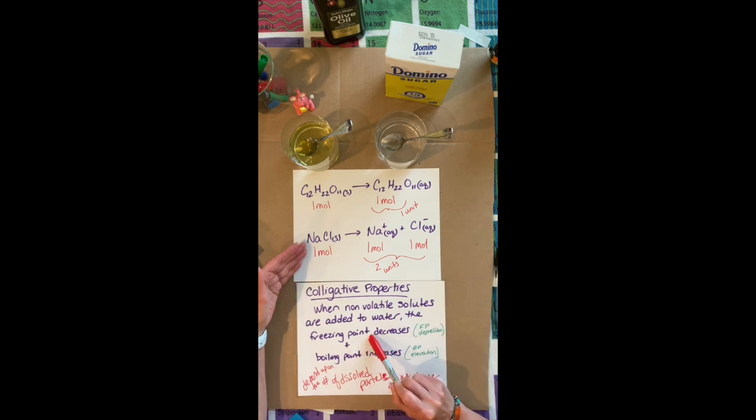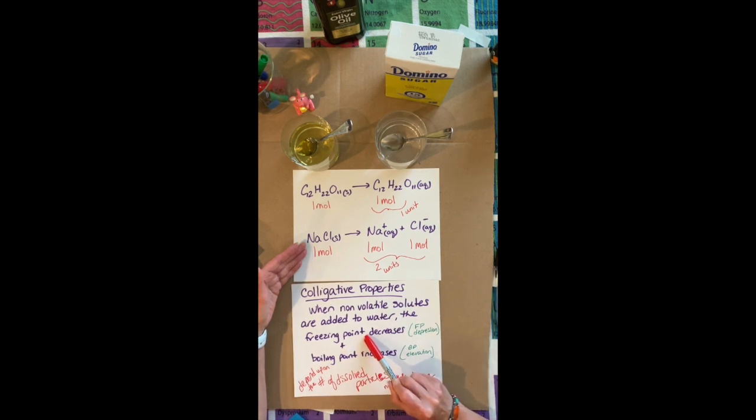So let's apply this to the colligative properties. If I add salt to water, like I would on a wintry day, we salt our roads, because what this does is that salt, that solute, decreases the freezing point. Just a little bit, but enough to make the roads safer. We're less likely to form ice on the roads.